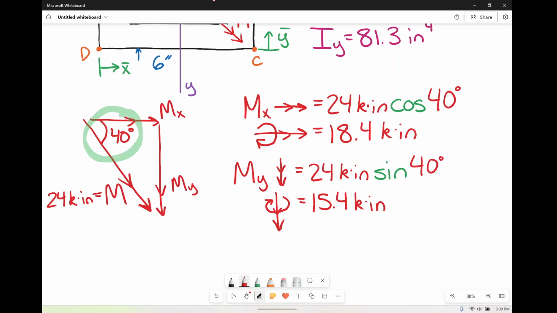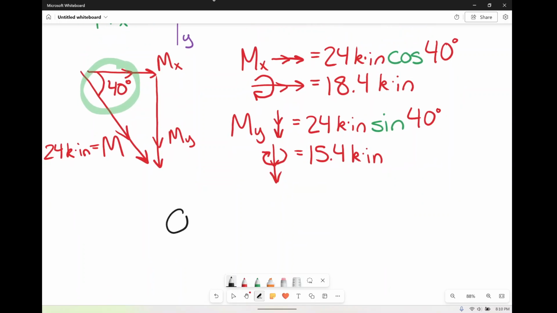So there we go. So we have, again, for our bending equation here, M times, we're going to call it c, over I, because again, it depends on which axis you're going. If you're doing the x-axis, then c becomes y, the distance vertically from your point down to the neutral axis, which if you're bending about x, it's the x-axis.